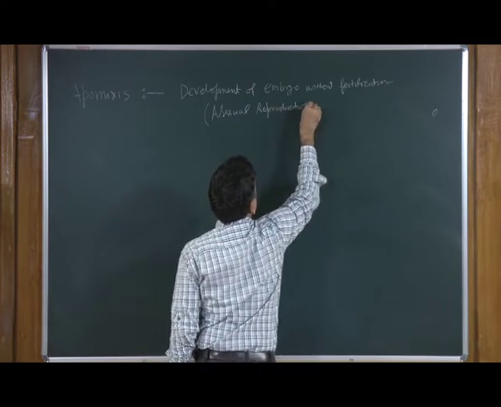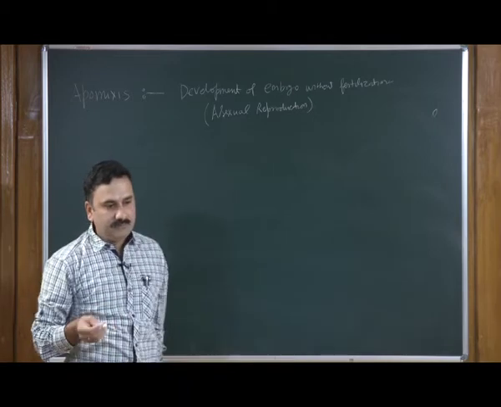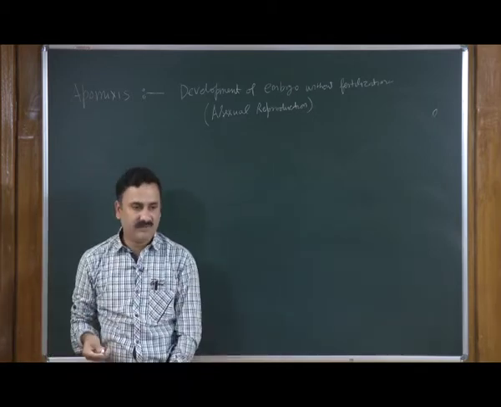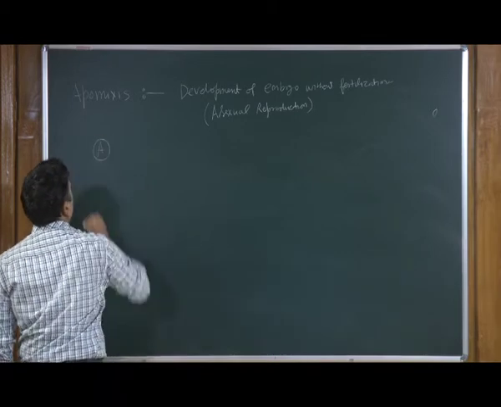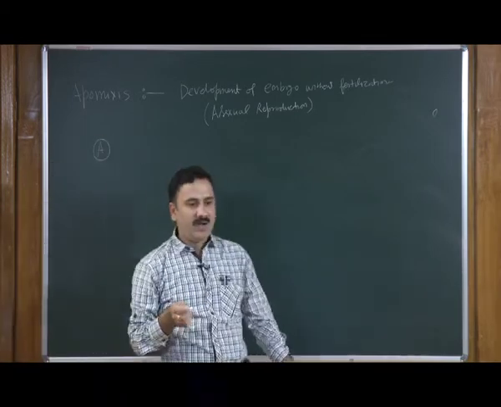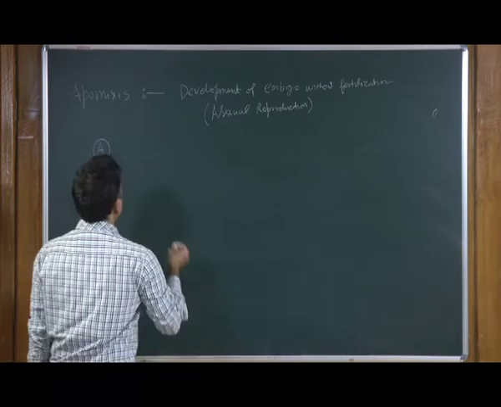reproduction, and it could be of three different types. What are these types? One is called adventive embryony.